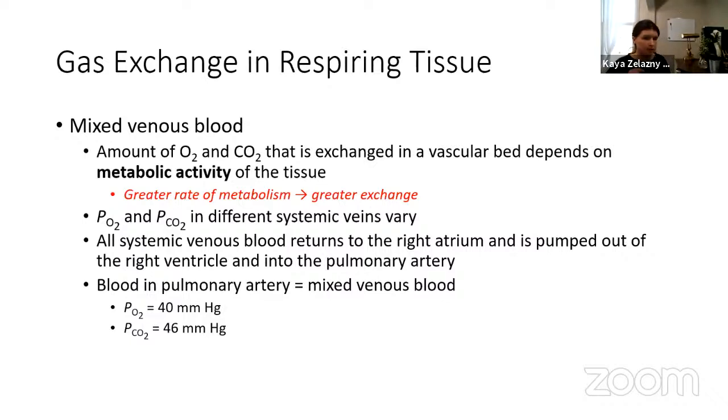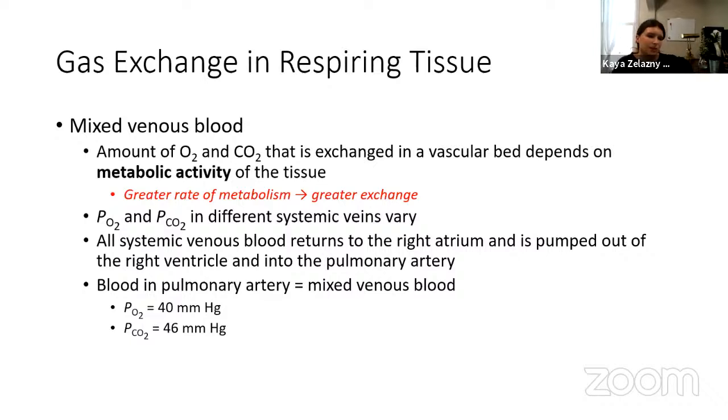So if we were to measure super locally for a very specific tissue, we might see some differences in these numbers. But as we return to the heart, the metabolically active tissue with the less metabolically active tissue, those blood flows are going to mix together. So what we've been tracing is the average number essentially in the body rather than the exact number for a specific type of tissue.